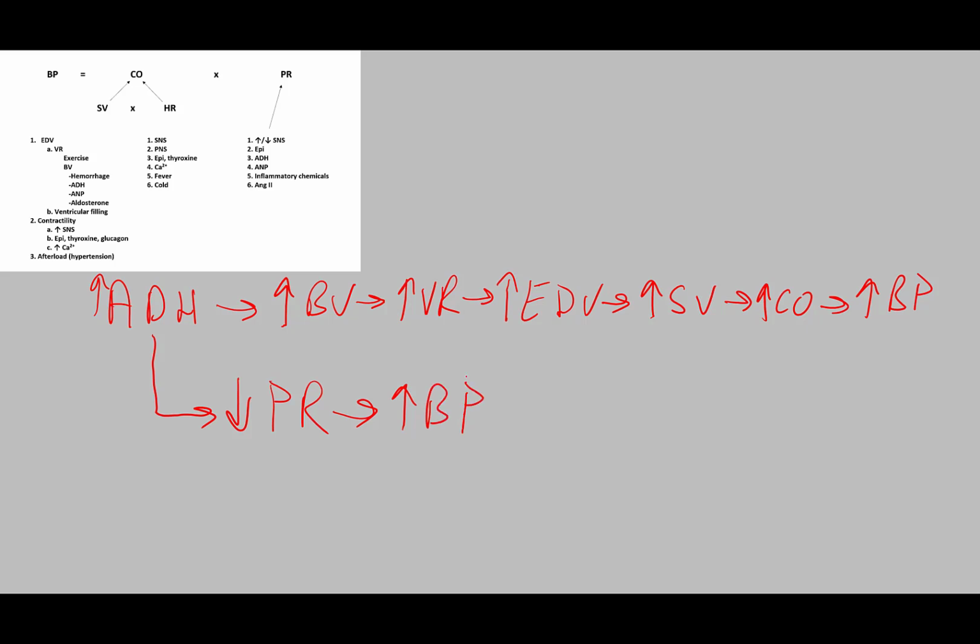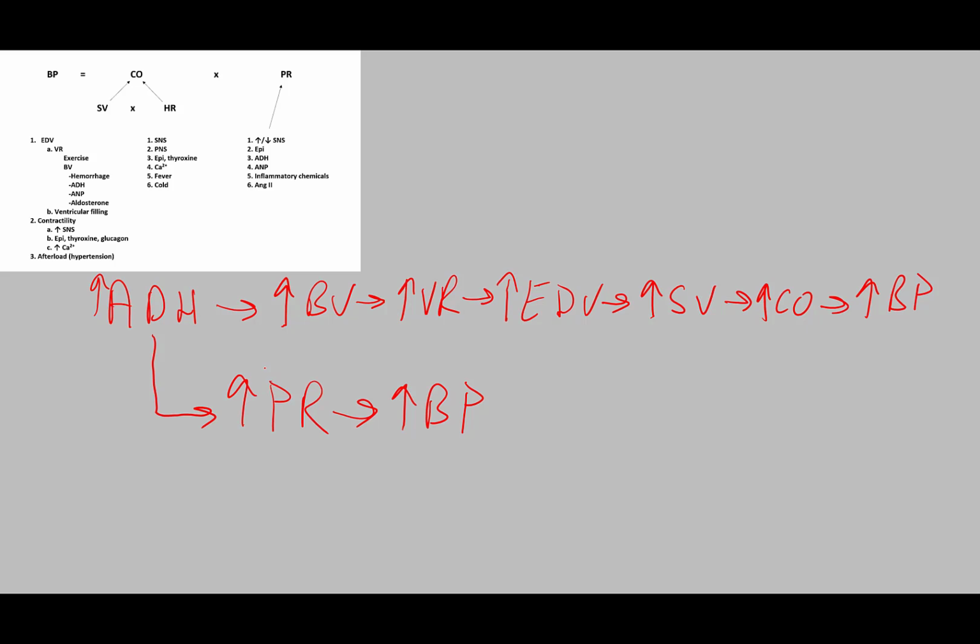So ADH increases blood pressure two ways. It does it by influencing blood volume, and it does it by influencing peripheral resistance. I see an error that I've made here. ADH increases peripheral resistance by decreasing vessel diameter.